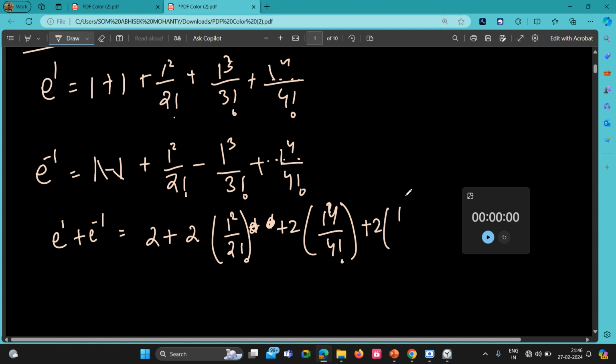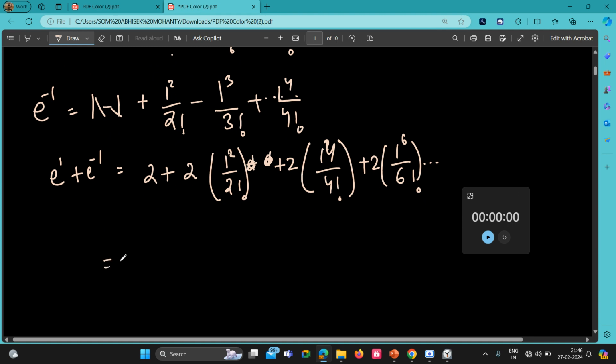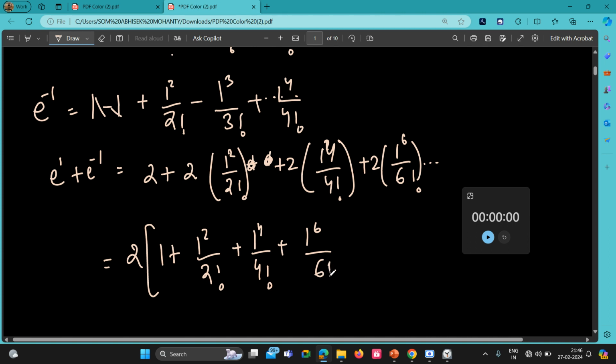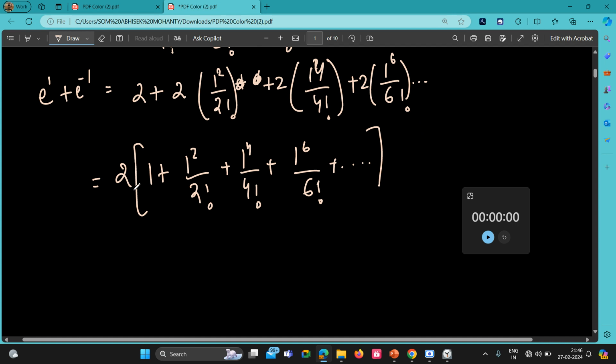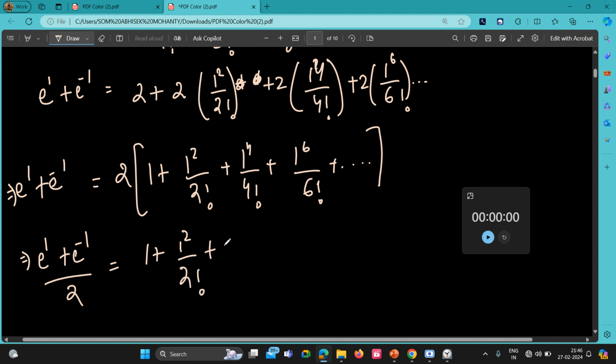Plus 2 whole into 1 to the sixth by 6 factorial, it will go on like this. I can take the 2 common, and take the 2 to the left side. So e to the power 1 plus e to the power minus 1 by 2 is equal to 1 plus 1 square by 2 factorial plus 1 to the fourth by 4 factorial, and it will go on.